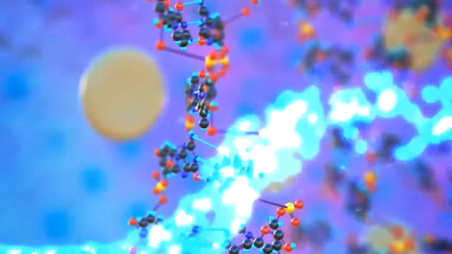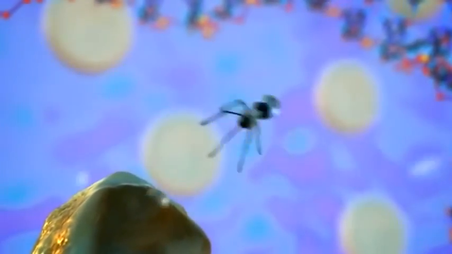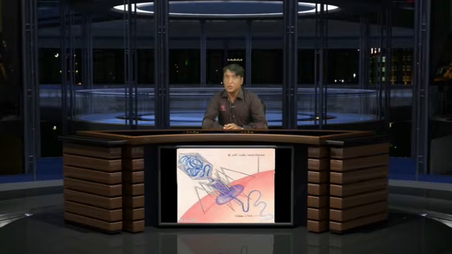Transduction was explained by Joshua Lederberg, and according to him, transduction is a process in which DNA is exchanged between two bacterial cells through viruses. Here the viruses are called bacteriophages, since they feed on bacteria.